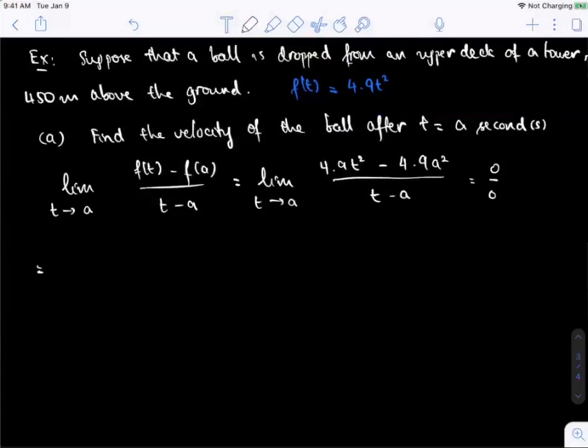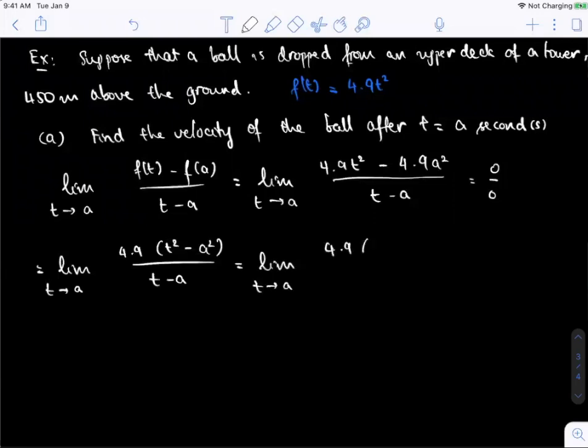You can factor the numerator. So limit as t goes to a of 4.9 as the common factor times t squared minus a squared, and t squared minus a squared is the difference of two squares, so it's t minus a times t plus a, divided by t minus a.